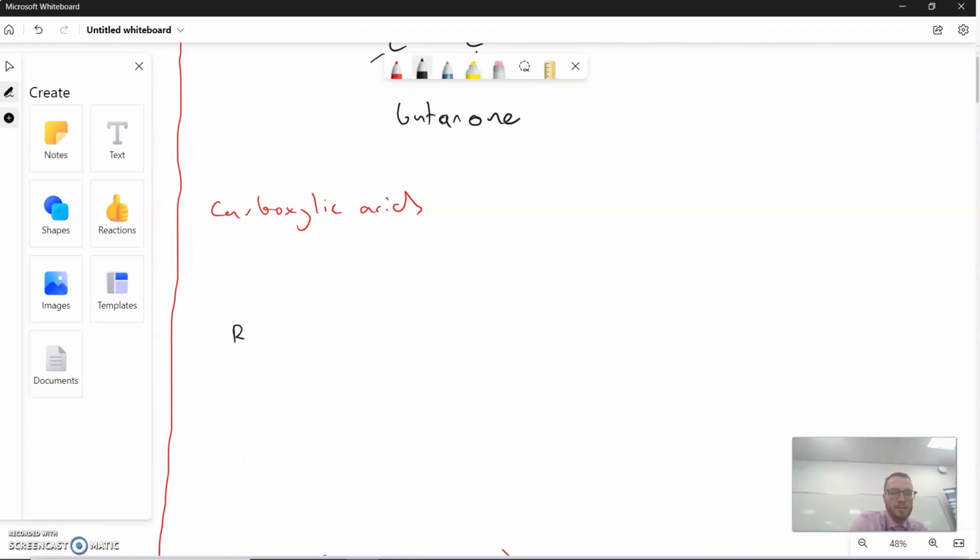Carboxylic acids, right, I've seen those before. C double bond OH, carboxyl functional group. In terms of naming, it's got the suffix -anoic acid.